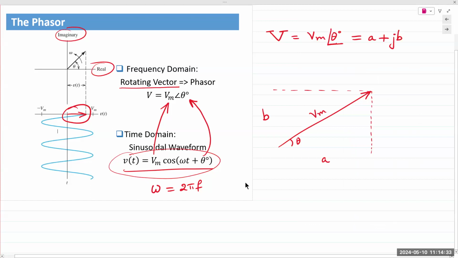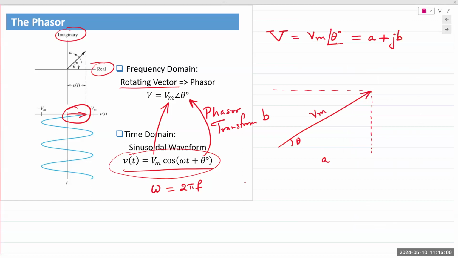We take a snapshot of that time varying voltage or current, and we represent it as a vector. That vector is known as a phasor. The transform is known as a phasor transform. There is a derivation, of course. We don't usually cover the derivation in non-E major classes.